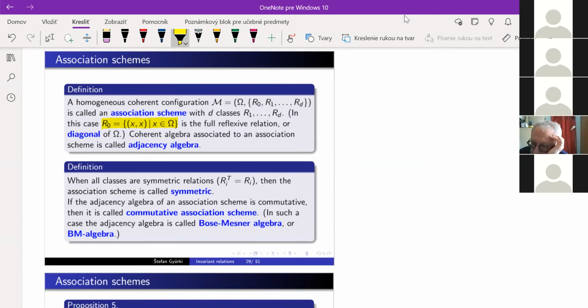So now it is not allowed to have it as a union of two orbits or a union of binary relations, but it is appearing as a single relation. This means that if we consider, for example, Schurian association scheme, that it is coming from a transitive permutation group.